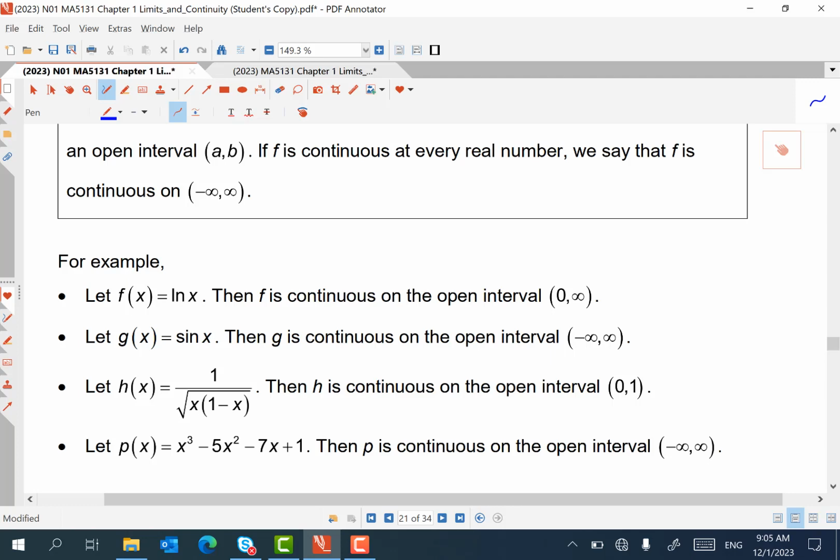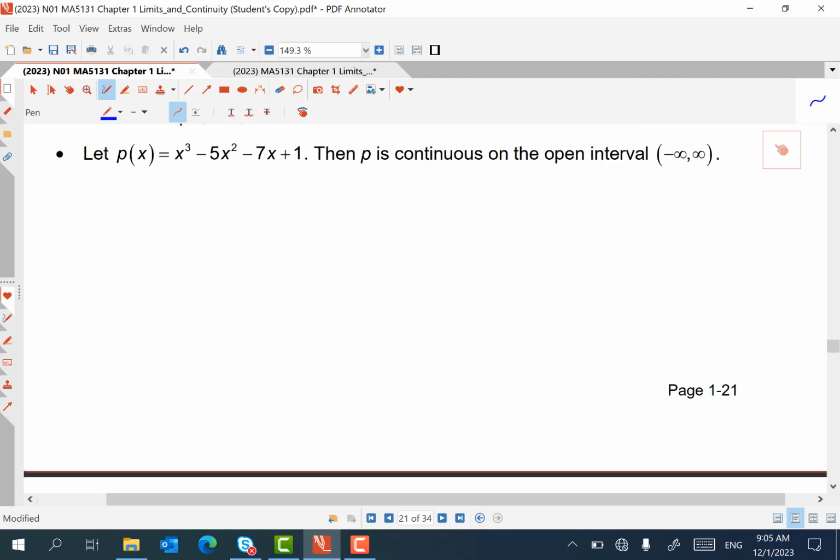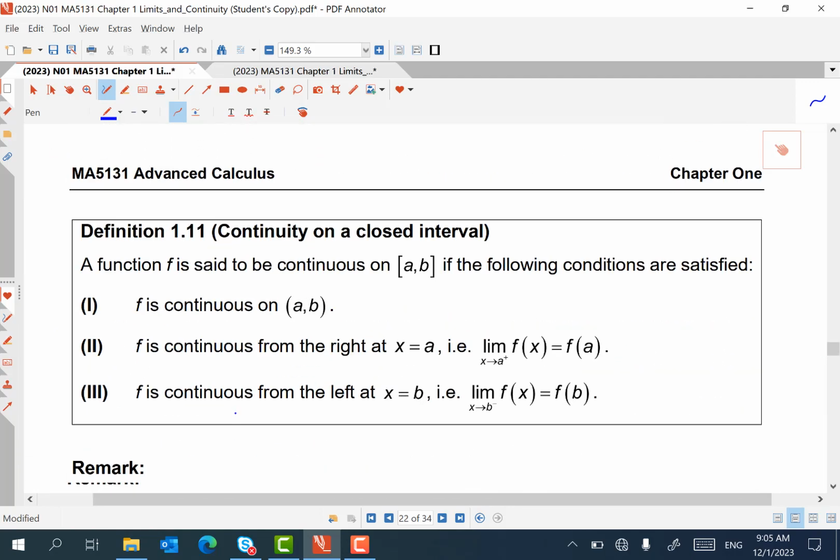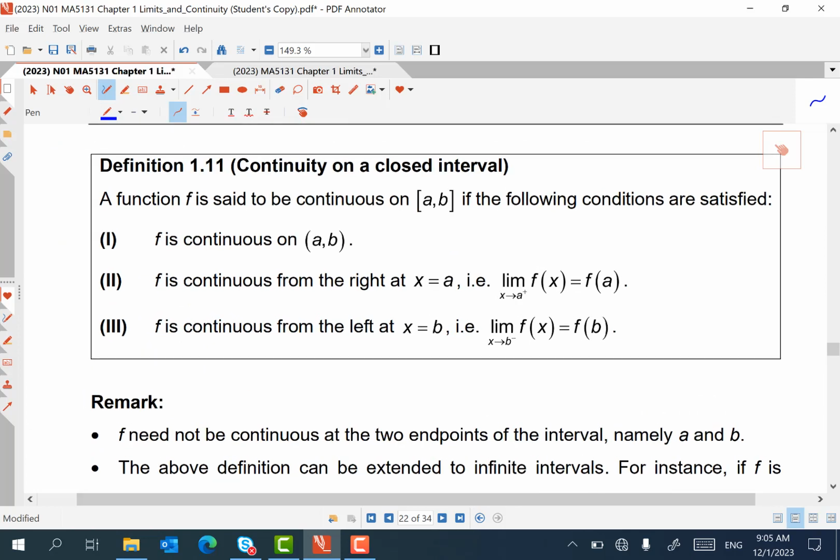Now, this one is a bit tricky. Why is it tricky? Because for a closed interval, the limit at the endpoints becomes very vague.